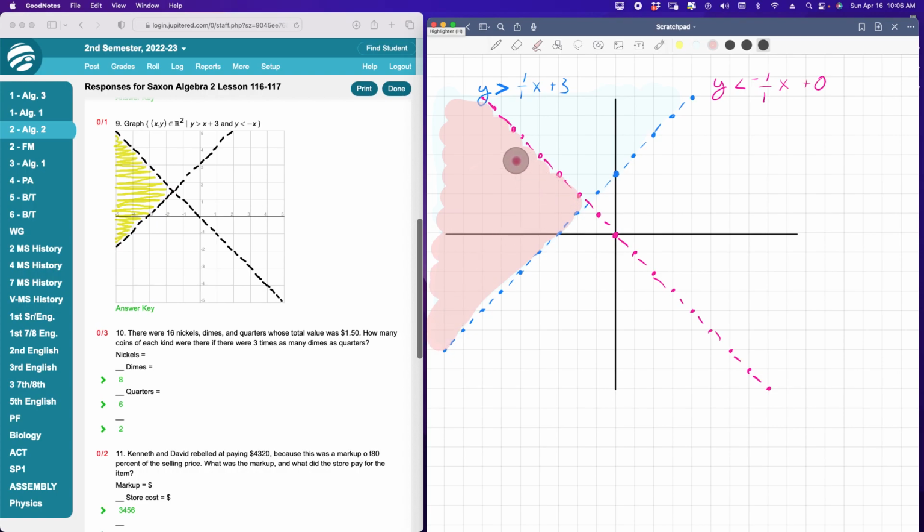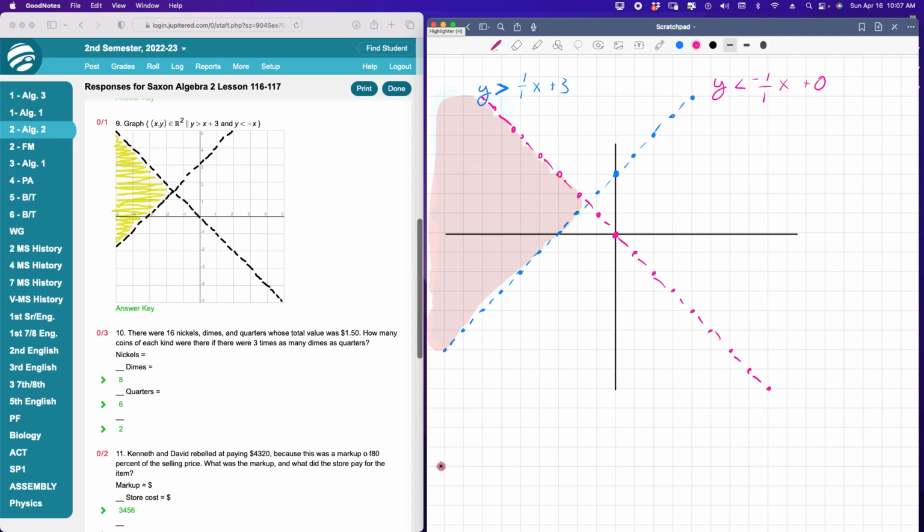So the points that are included, because the other section here, these are also less than this line, but the blue is the part that we're looking for. We're looking for the ones that correspond to both of these lines. And the ones that correspond to both of these lines are in this section right here.